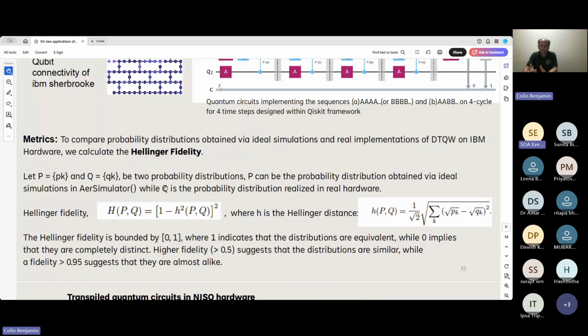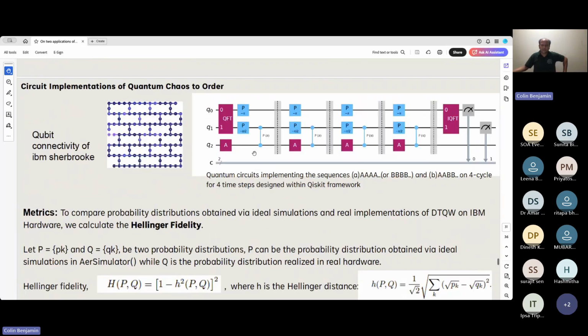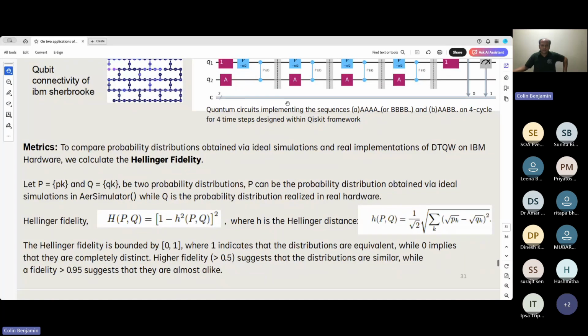This Hellinger distance measures the difference. So if the fidelity is greater than 95%, then basically they're almost alike. And as I said, this is the QSQT based framework with these quantum Fourier transform gates and single qubit phase gates, and this A is the coin gate.